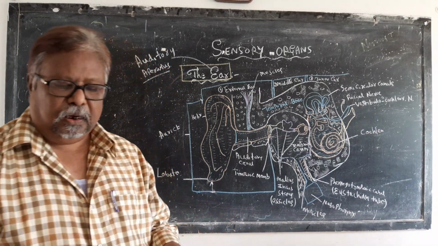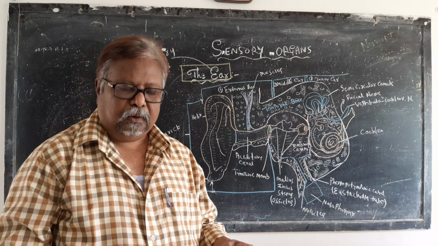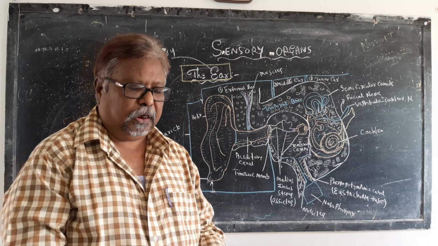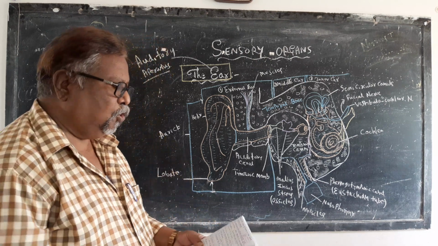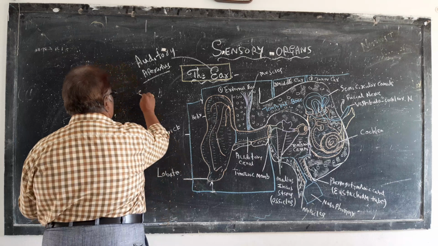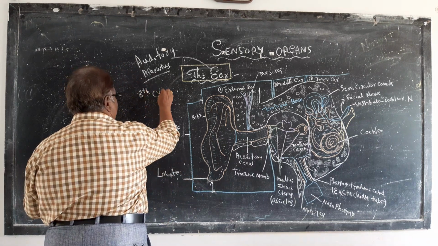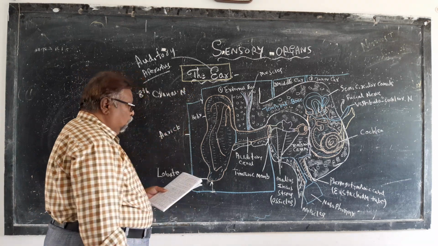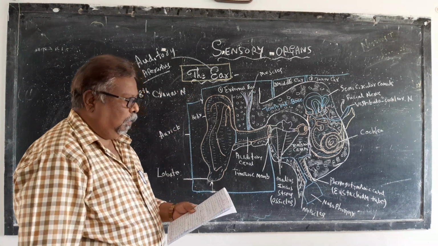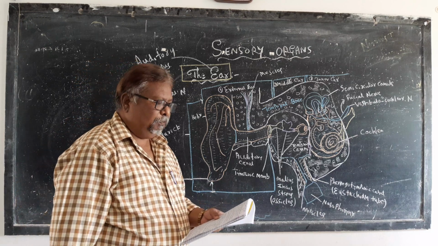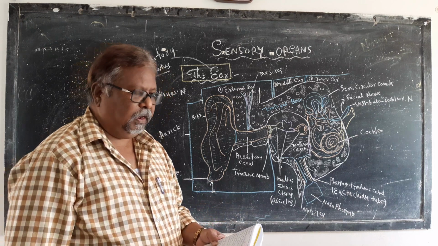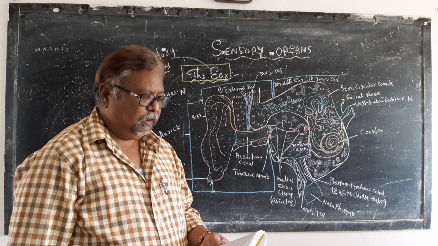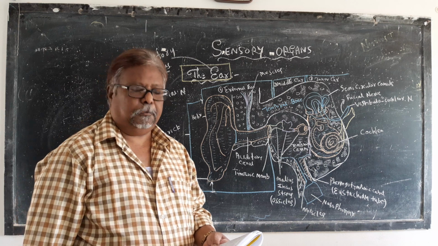The second point is that it is supplied by the cochlear branch of the 8th cranial nerve, which responds to the vibrations generated by sound waves and transmits this information to the brain.